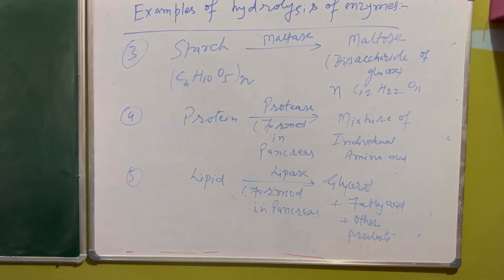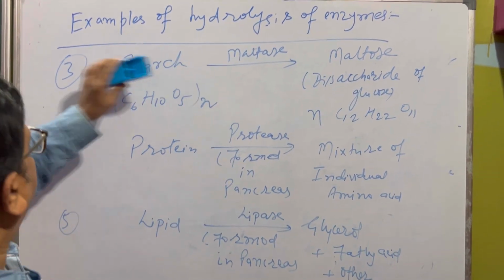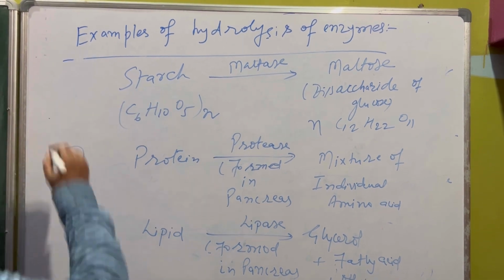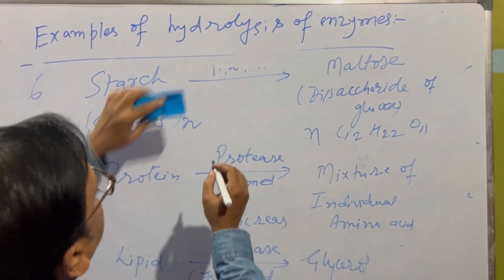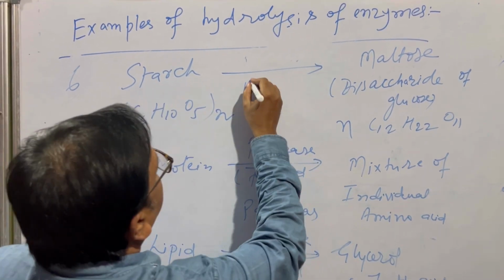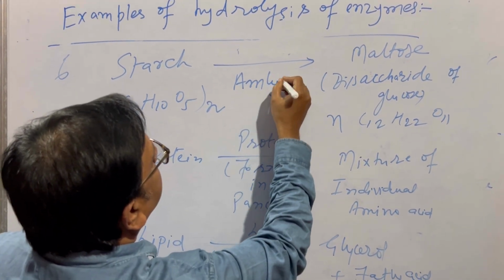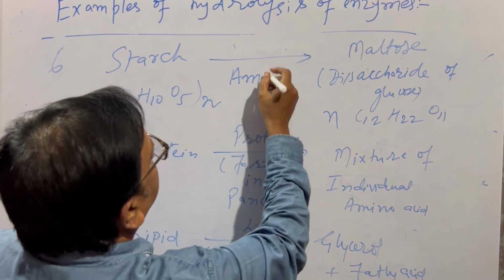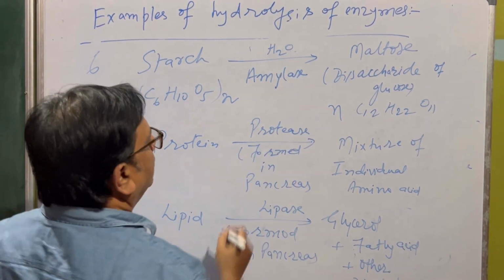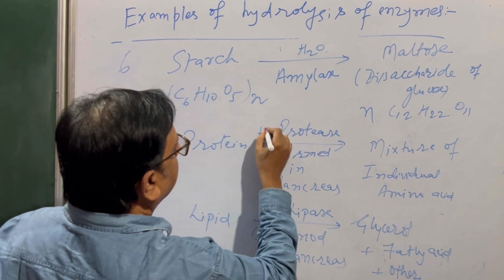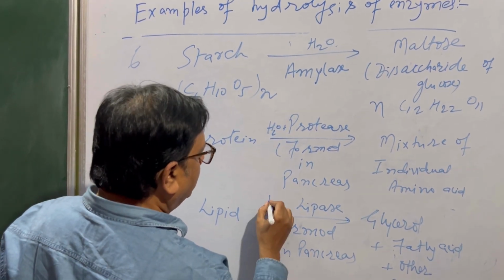This is the sixth one: starch is also hydrolyzed by amylase. In all these cases, you see hydrolysis is going on.